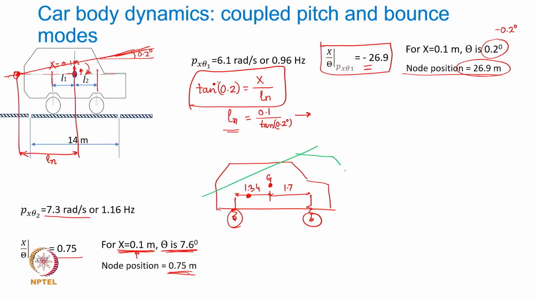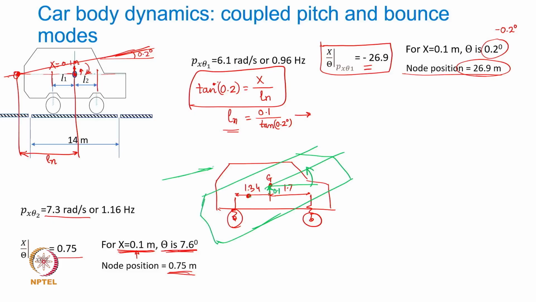So when it moves or when it pitches, this is how it is going to pitch. The angle turned will be significantly large as compared to the bounce. Okay, whereas in the first case its pitch angle was almost zero, right? So when it moved up by 0.1 meter distance, the angle turn was very little, 0.2 is almost negligible, whereas here it moves by 7.6 degrees.